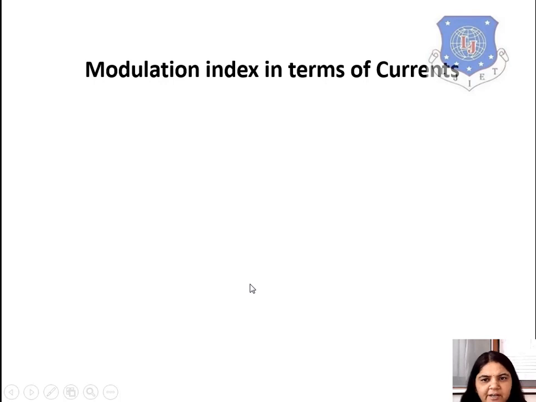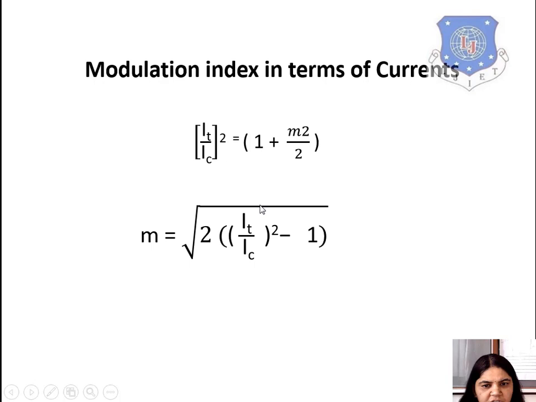Now the modulation index in terms of the current, the modulation index in terms of the voltage, that we have also found out. So which equation we derived lastly? IT by IC whole square is equal to 1 plus m square by 2. I want to find out the small m value, the modulation index.